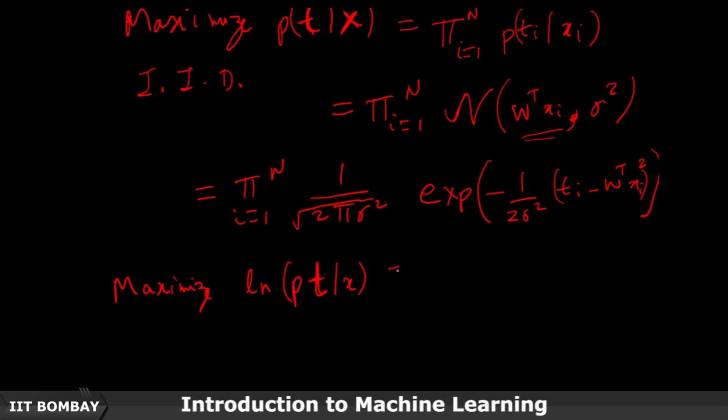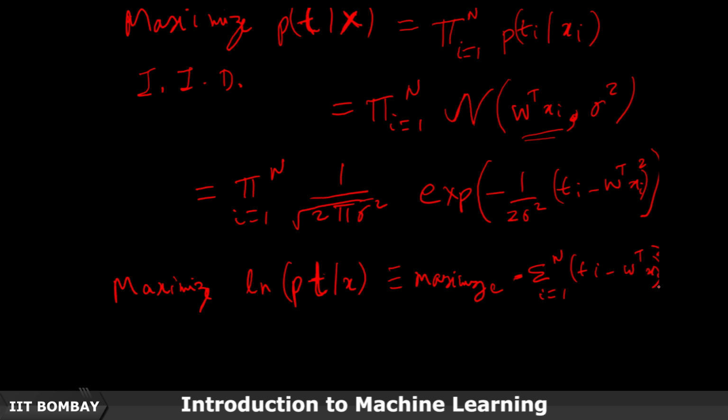Finally we will be maximizing the sum over i equal to 1 to n, with a negative sign, of ti minus W transpose xi, whole square.